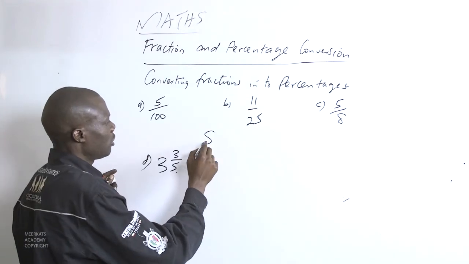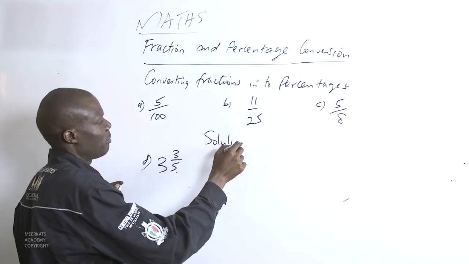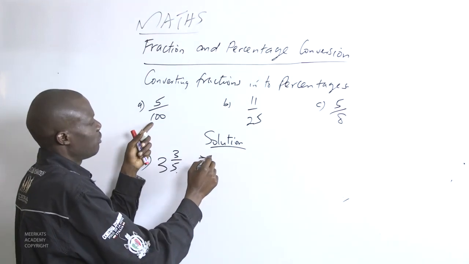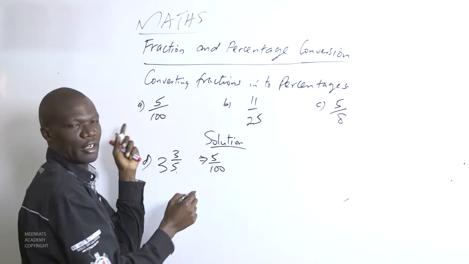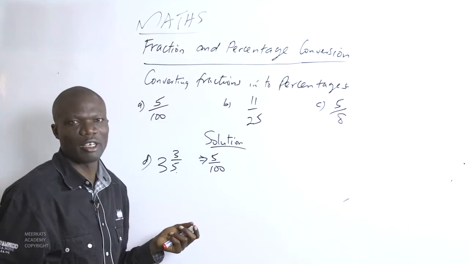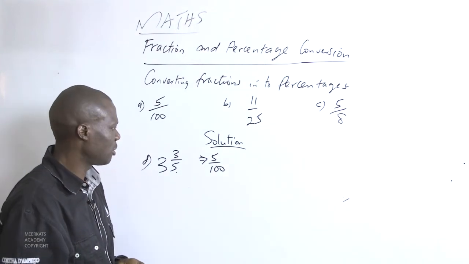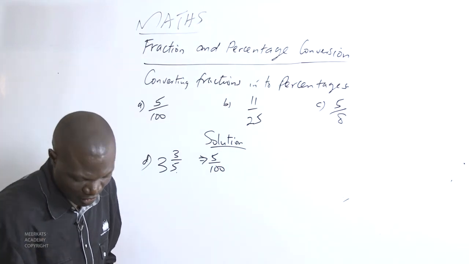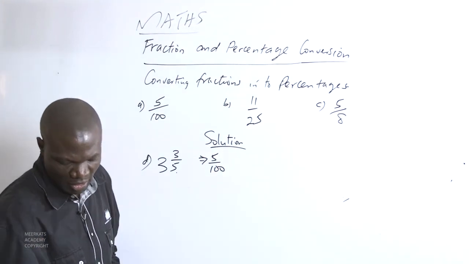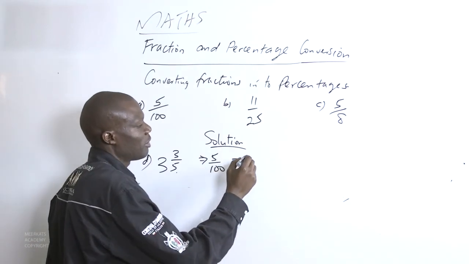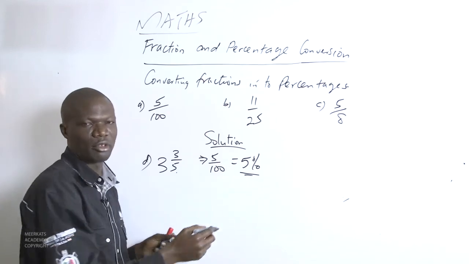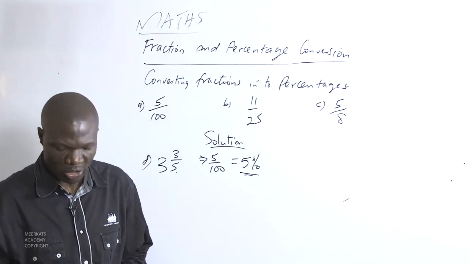So in our solution, we shall handle each one independently. The first one is 5 over 100. Now this is already a percentage on its own because the denominator is 100. And if the denominator is 100, this is simply equal to 5%. We are done with the first question.